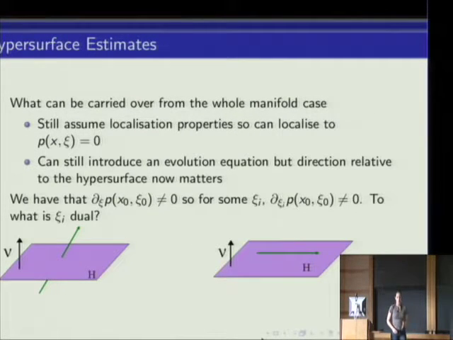So we're just going to look at hypersurfaces, because that's where all of the interesting results are. We can still assume localization properties for hypersurfaces, and so we can reduce to where the symbol is equal to 0. We can still introduce the evolution equation, exactly the same as Koch-Tataru-Zworski. But now direction matters. For them, they could change their coordinates in any direction, it didn't matter.